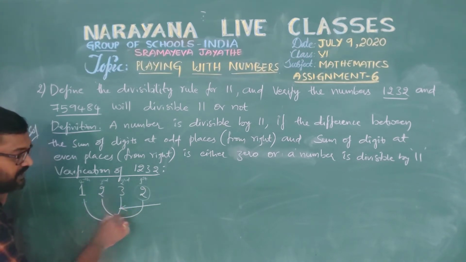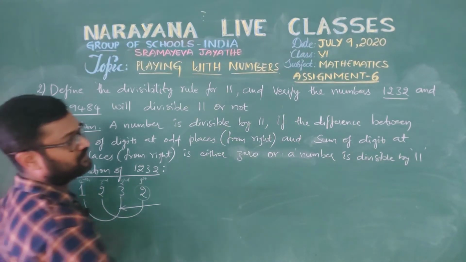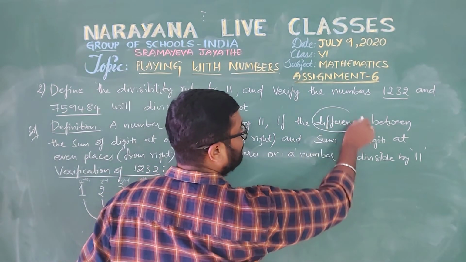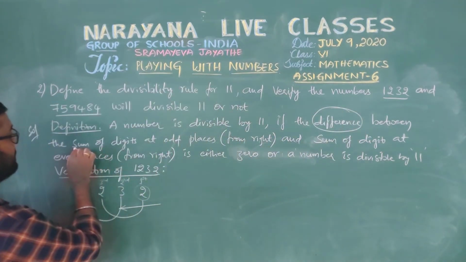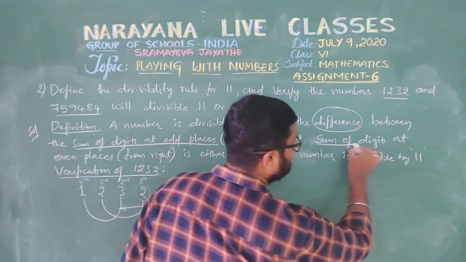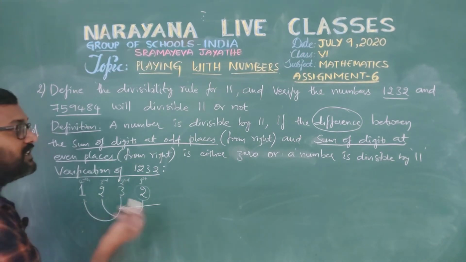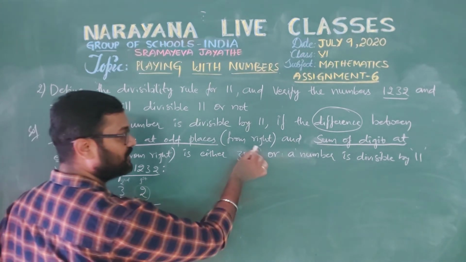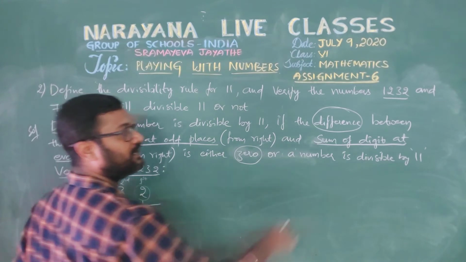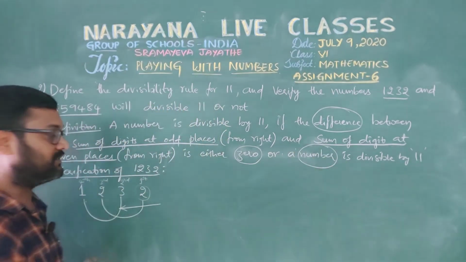So, sum of the digits at odd places and sum of the digits at even places. Then the difference of these two, isn't it? So, the difference is either 0 or a number which is divisible by 11, isn't it?